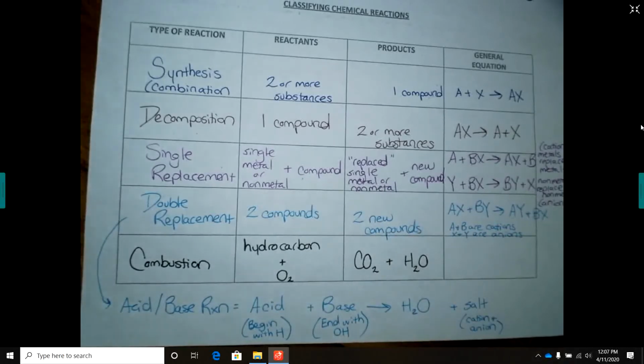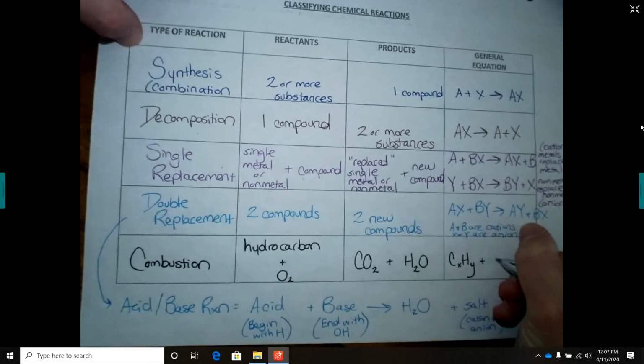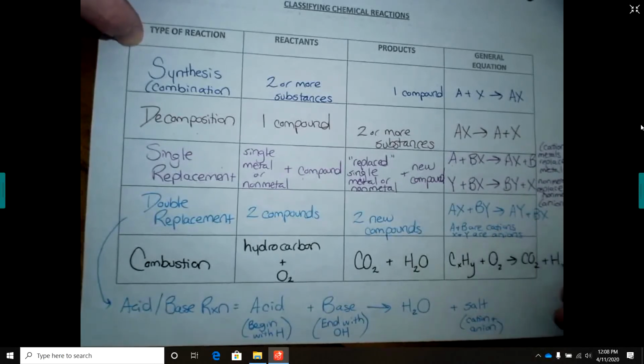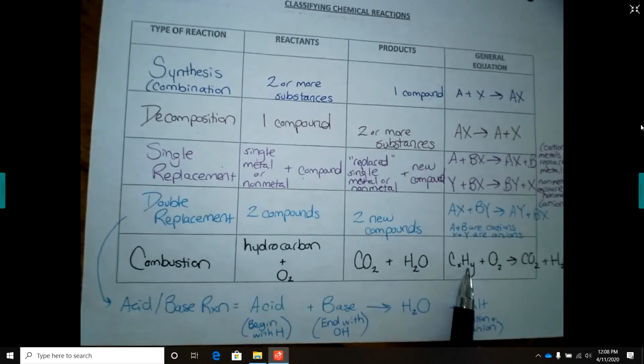So our equation for that is going to be CxHy plus O2 yields CO2 plus H2O. So notice that oxygen, carbon dioxide, and water are always going to be the same, but the hydrocarbon might be different. You might have different subscripts next to the carbon and the hydrogen.